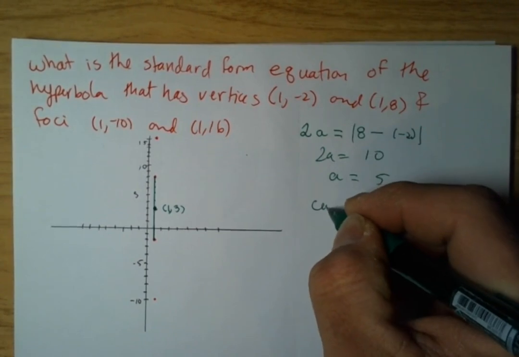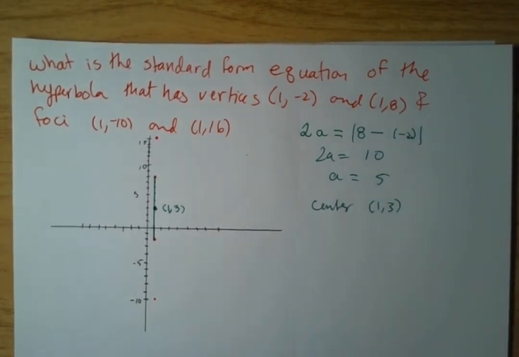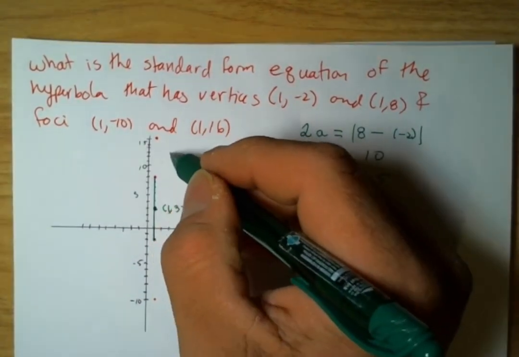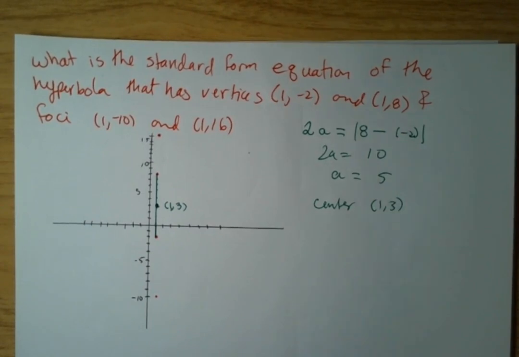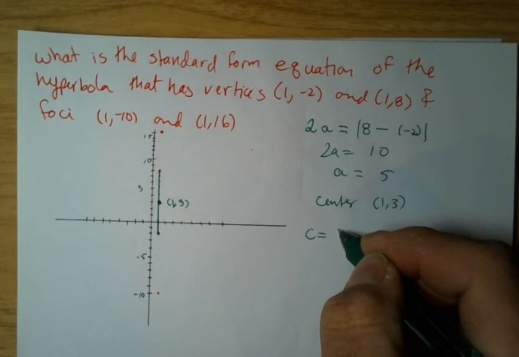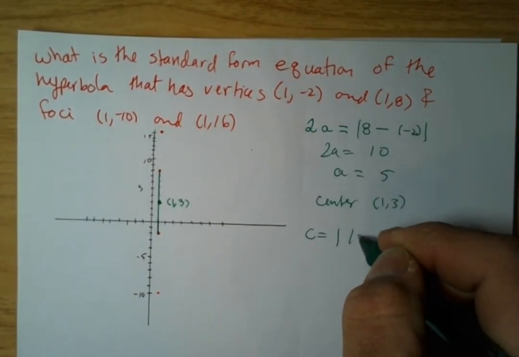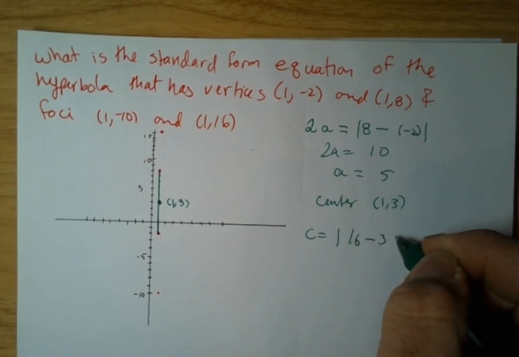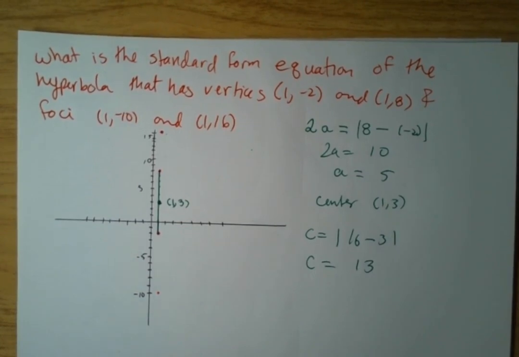So center (1, 3), and now I can find the value for c, which is going to help me find the value for b. So the value for c, top here, that's going to be 16 minus 3. So c is going to be 13.